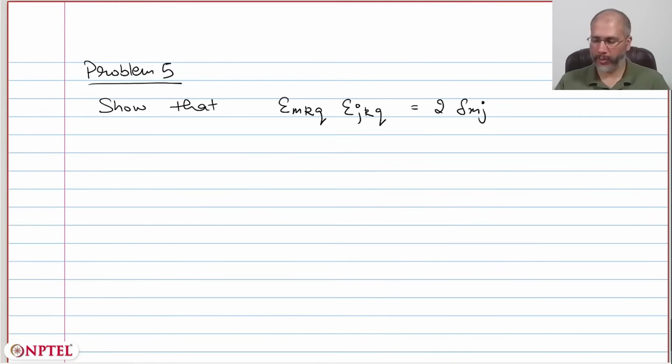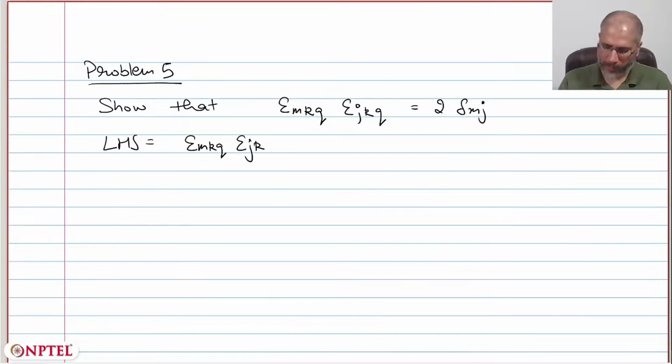So this time on the left hand side we have a product of epsilons. So we can apply the epsilon delta identity as long as the last index of each epsilon is the same, which indeed it is because it's q in both epsilons.